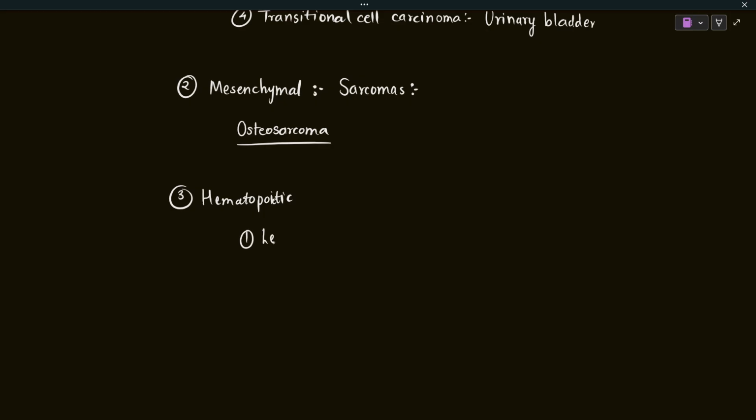So we call it leukemia when the blood forming cells, like the bone marrow cells, undergo the transition and the tumor is formed in those cell types.